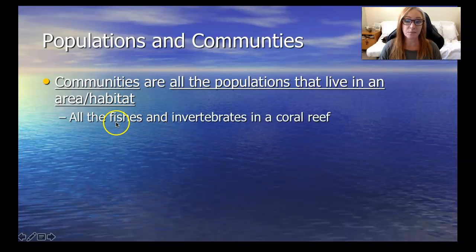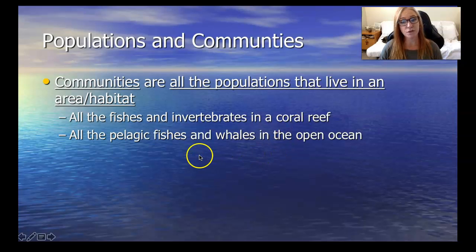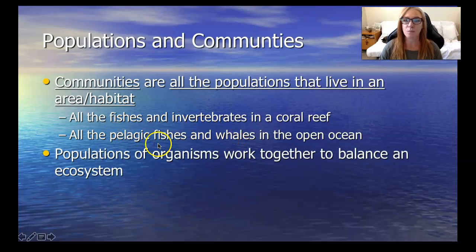For example, all of the fishes and invertebrates in a coral reef, plus all of the algae, that's called the coral reef's community. Out in the open ocean, all of the pelagic fishes like tuna, herring, mackerel and sharks, and all of the whales, as well as the sea turtles and plankton. Plankton is a very important population in the community of the pelagic ocean. We'll talk more about that.